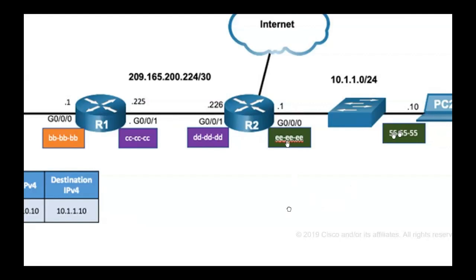And then the source MAC address is going to be its interface here. The destination MAC address is going to be PC2. So the IP address remains constant. The MAC address changes when you get from one LAN to another LAN to another LAN.